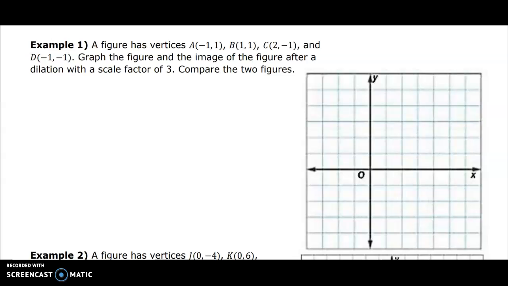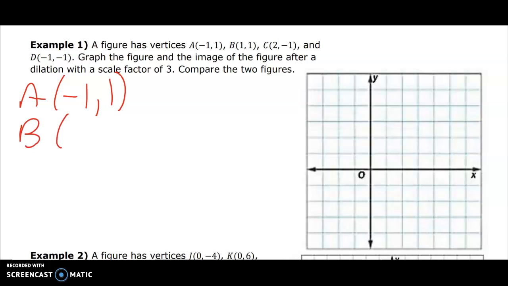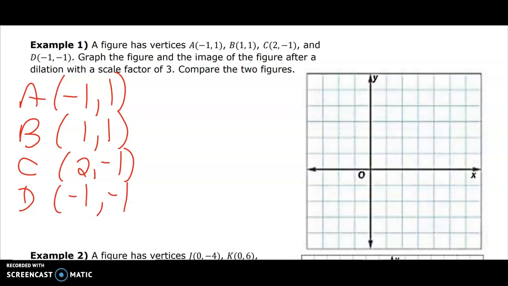Okay, so I'm going to do A is (-1, 1), B is (1, 1), C is (2, -1), and D is (-1, -1). And what did I tell you to do but multiply by the scale factor? Now my new guys are always having this little tick mark there. It's called A prime.